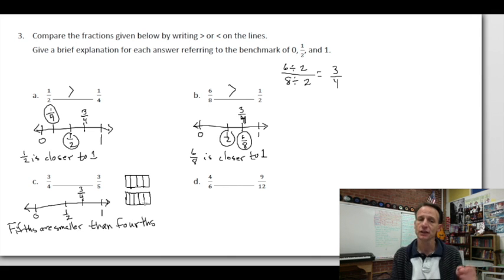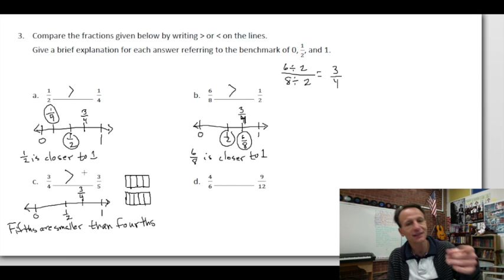So if you have, let's call fourths larger and let's call fifths smaller, if you have 3 larger pieces of cake compared to 3 smaller pieces of cake, obviously which is more? Yes, 3 larger pieces of cake is more than 3 smaller pieces of cake, so we can safely put our greater than.